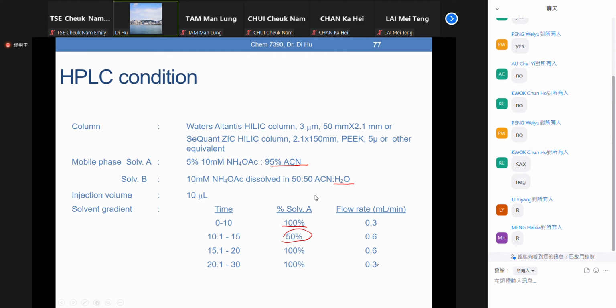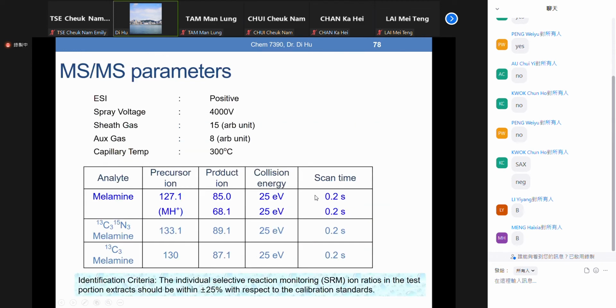For the compound, we can see, for the mass spectrometer using ESI, for melamine we use positive mode. But if you also want to analyze cyanuric acid, you have to use negative mode. Okay, so for melamine, the molecular weight is 126, so the protonated ion is M plus 1.